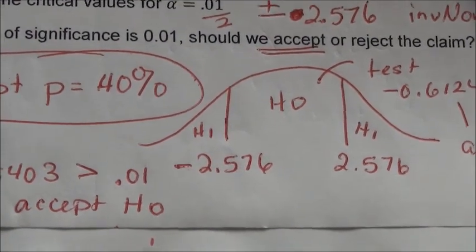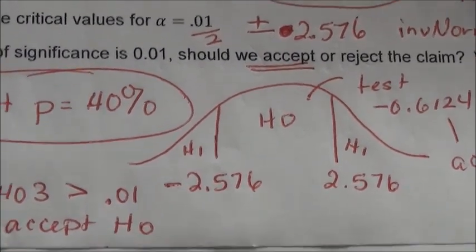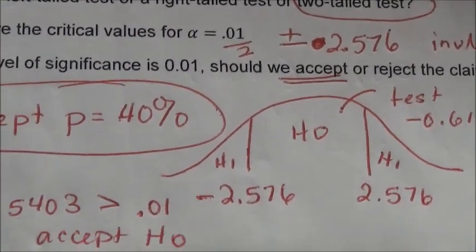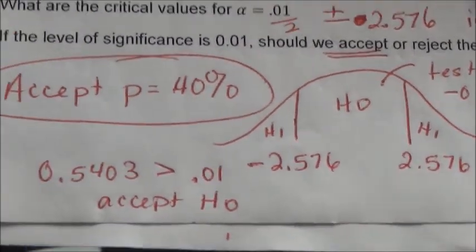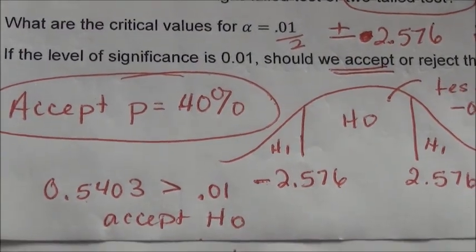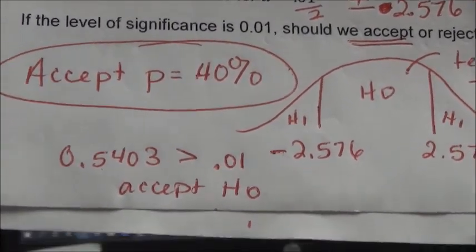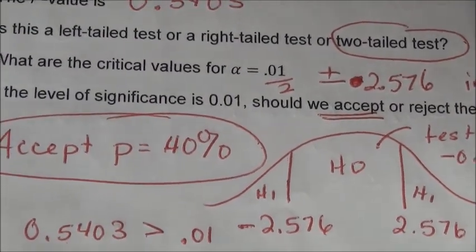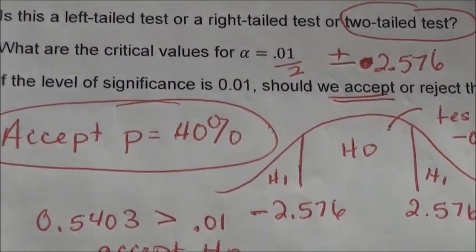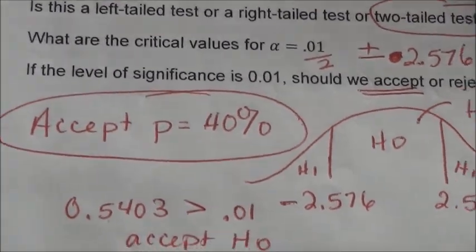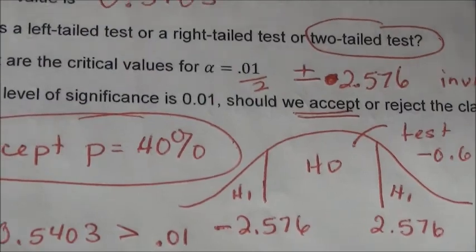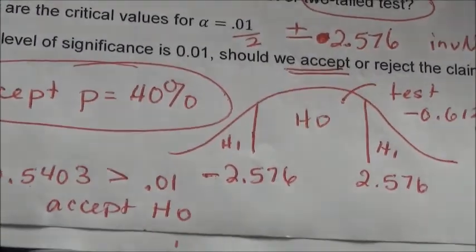In this case, the null was our claim. Our claim was, does it equal 40%? And so, are we going to accept the claim? Yes, we are going to accept the claim because it falls in the null, and the null was our claim on this one. So you have to pay attention to whether it is the claim or not, because most of the time your alternative is your claim. But in this case, the claim was actually the null, and we are accepting the null.